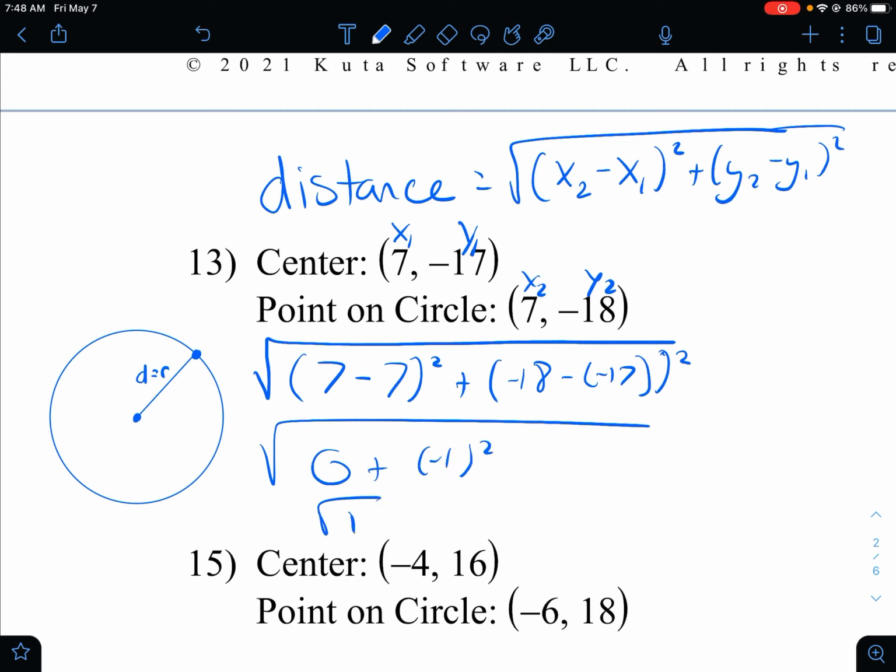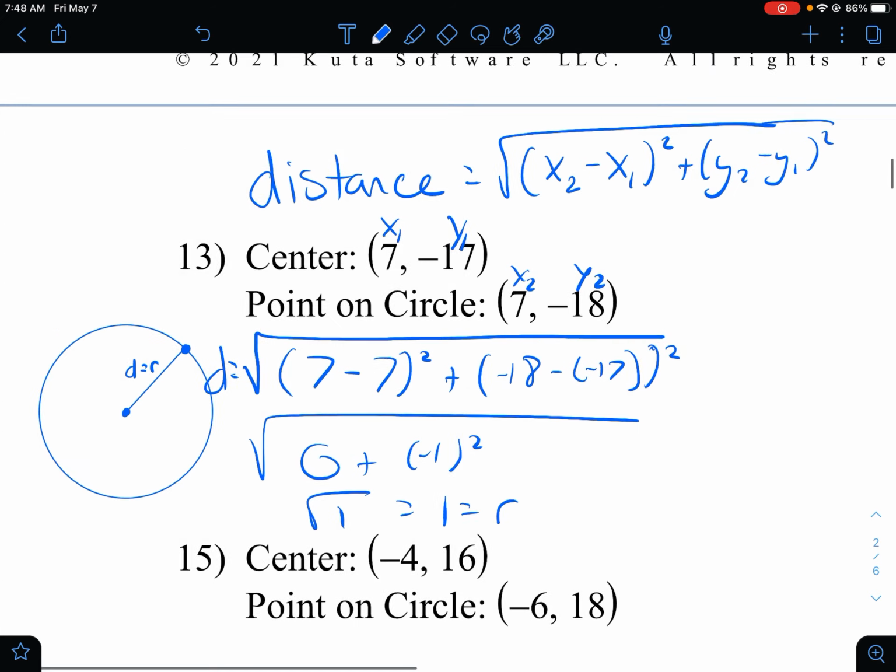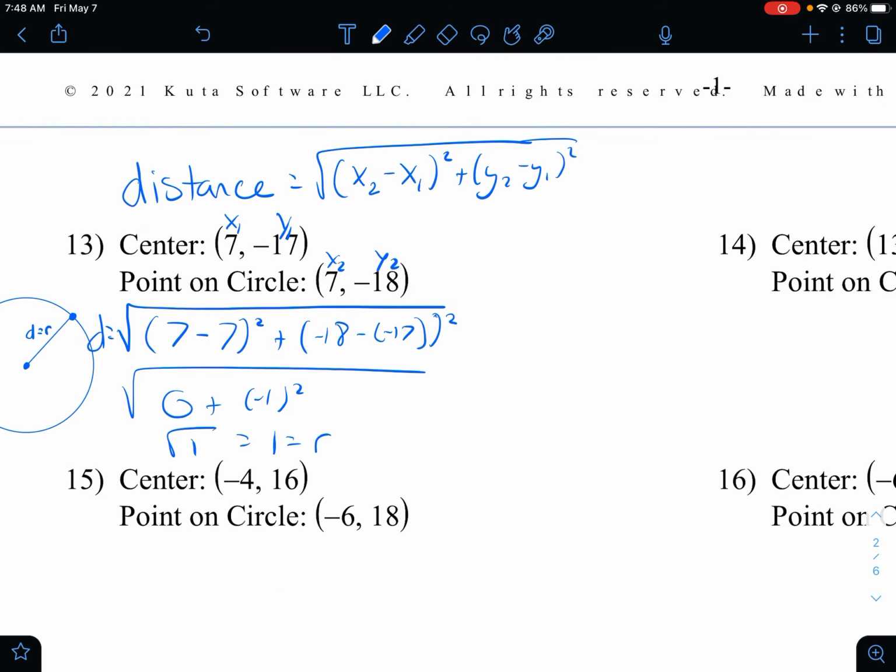So we get the square root of 1, which gives us 1, which is our radius, right? Because distance equals radius here. So we can go ahead and come up with our equation now. It's just going to be (x minus 7) squared plus (y plus 17) squared equals your radius squared. 1 squared is 1. We get 1.